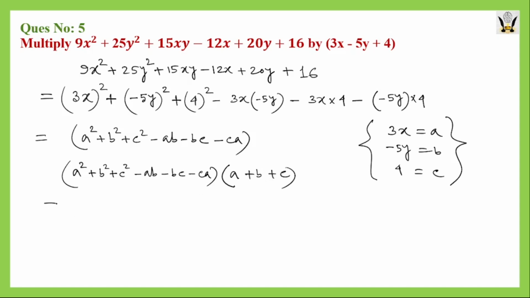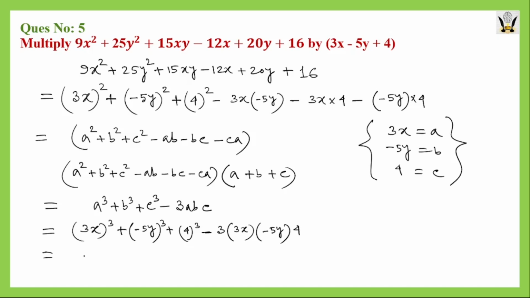So this is the identity that we already know, and that is a cube plus b cube plus c cube minus 3abc. Now if we replace a, b, c by their actual values, then it will be 3x whole cube, which simplifies as 3 cube means 27, so 27x cube.